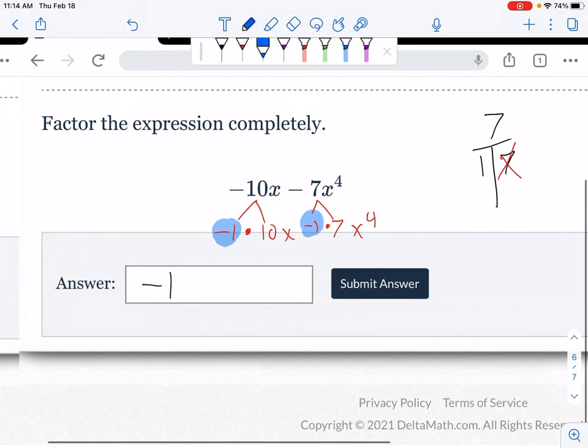Oops. And what I have left over, actually, hold on. So that's my common number, my common variable. So I'm going to highlight in purple. X to the 1st and x to the 4th, I can pull an x to the first out of both of those.